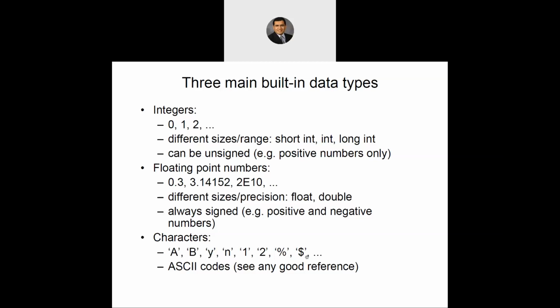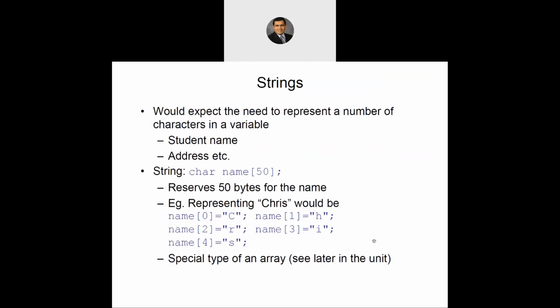Besides that, we also have short integer, long integer. We have got double, which is just like float, but it can store more precision decimal points. And we also have strings. Strings are enclosed in double quotes rather than single quotes.